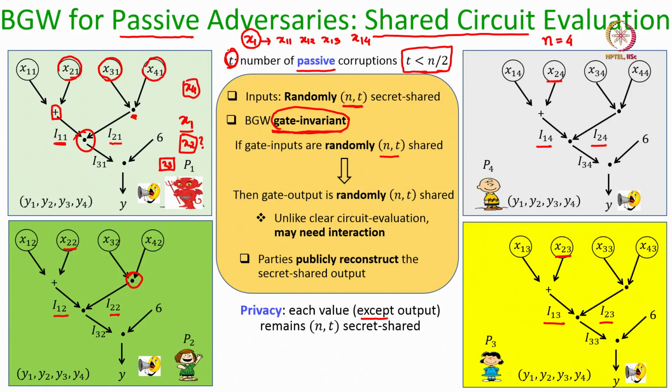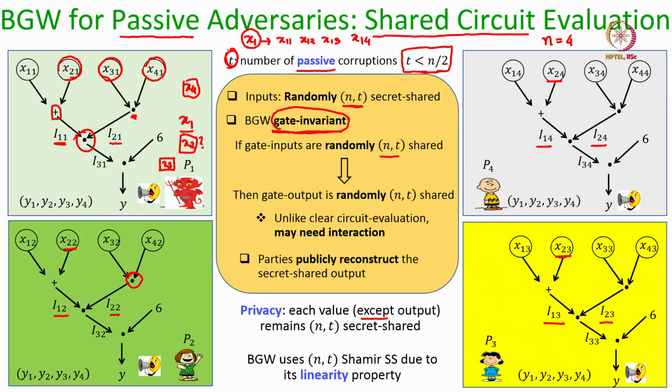That means for each value, namely x 1, x 2, x 3, x 4, I 1, I 2, I 3, each party will have only one share, and since the adversary could corrupt up to T parties, the adversary will have T shares for each of those values, and those T shares will not reveal the exact value of x 1, x 2, x 3, x 4, I 1, I 2, I 3. So, that ensures that the privacy is maintained. This is not like your circuit evaluation in clear.